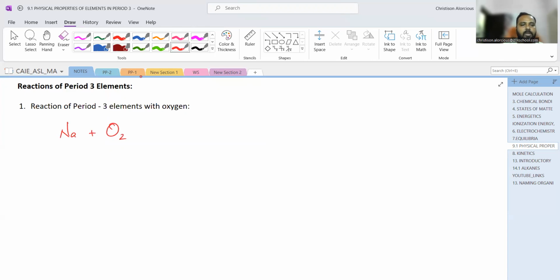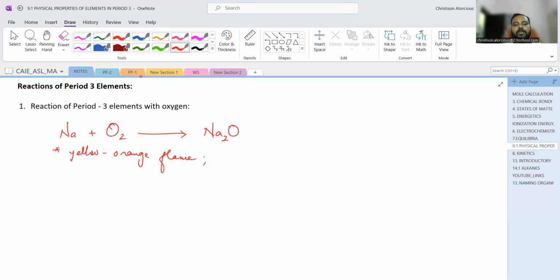Sodium, when you heat it in a stream of oxygen, starts burning to produce sodium oxide. The thing to remember is that when sodium burns in oxygen, it burns with a yellow-orange flame.